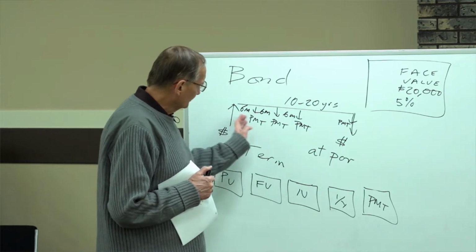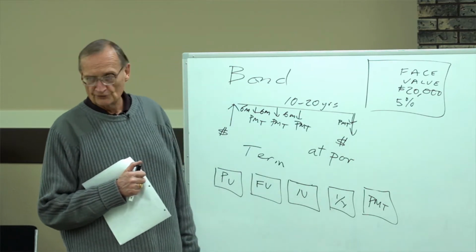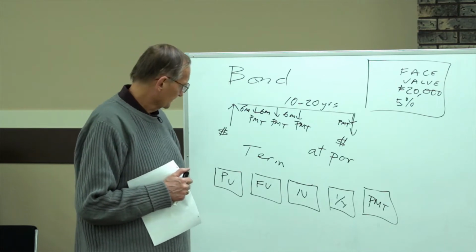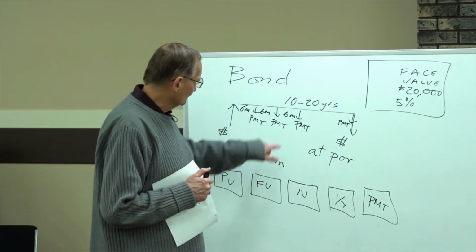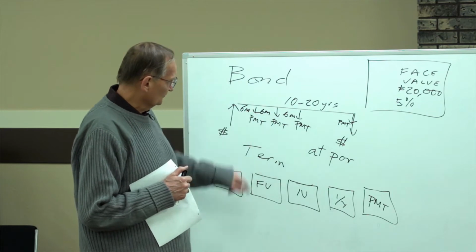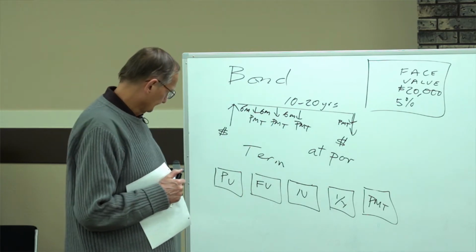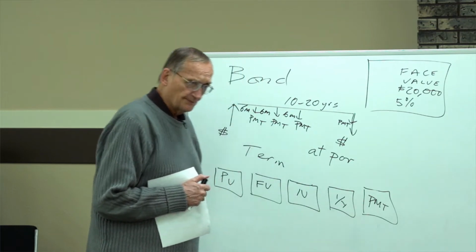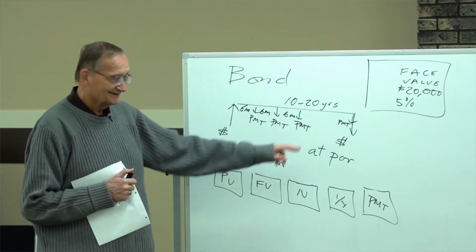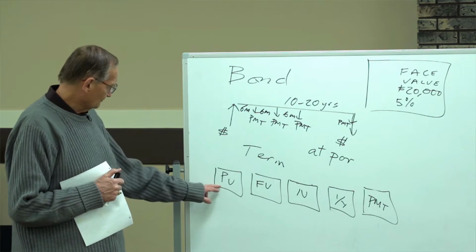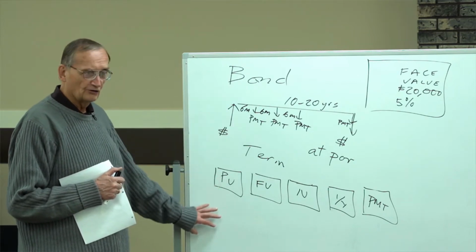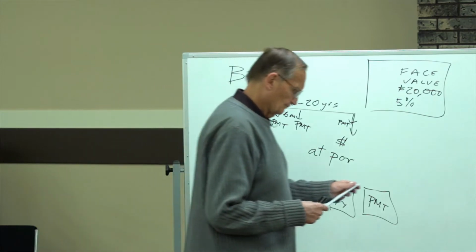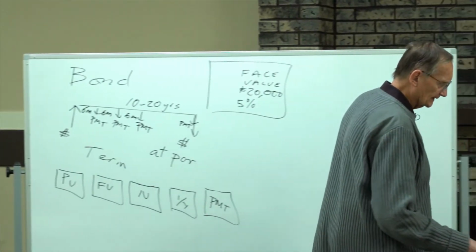N will be the number of payments that they have. So over 20 years, every 6 months would be 40 payments. I/Y is the interest rate every 6 months. PMT is the payment amount that you're actually getting. And you'll find present value is the value of the bond. Okay? And we'll try a couple of problems like that.